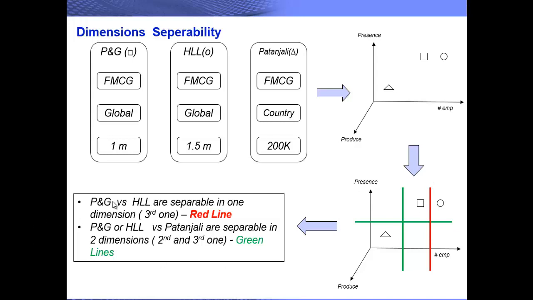So Procter and Gamble versus HLL are separable in one dimension, the third one, the number of employees, and that line of separability is the red line. And Procter and Gamble or HLL combined versus Patanjali are separable in two dimensions. One is the number of employees and the other is the presence, whether it is global, country or local, and that's the green line.